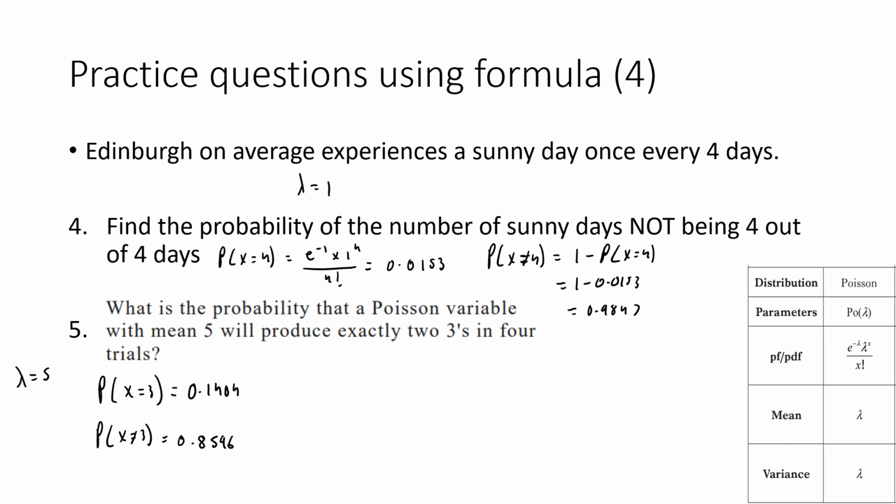So we have 4 trials. So we want 2 of them to be x being 3. And then we want 2 of them to be x not being 3. So that would give us 0.0146.